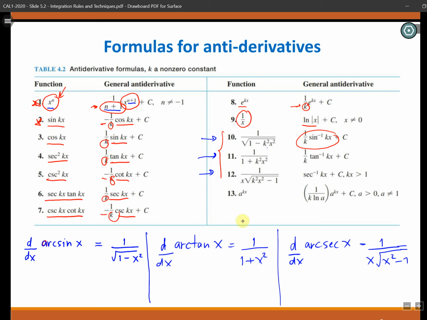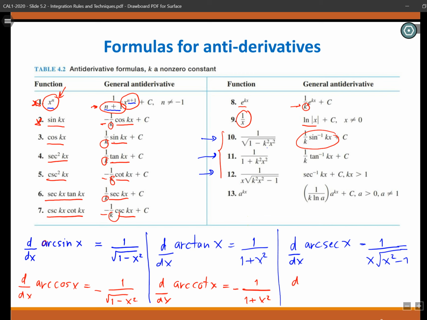So for the rest, d by dx of arc cosine x is going to be very similar to arcsine, except that we have this minus sign in front. That's all. And for the derivative of arc cotan with respect to x, it's going to be almost exactly like the result from the arctan, 1 plus x squared, except we have this minus sign again.